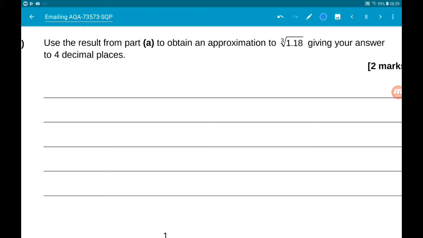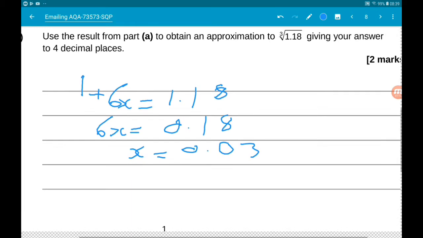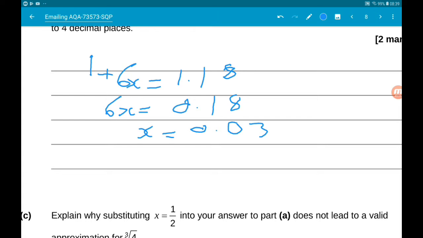So 1 add 6x is equal to 1.18. 6x is equal to 0.18. So x is equal to 0.03.